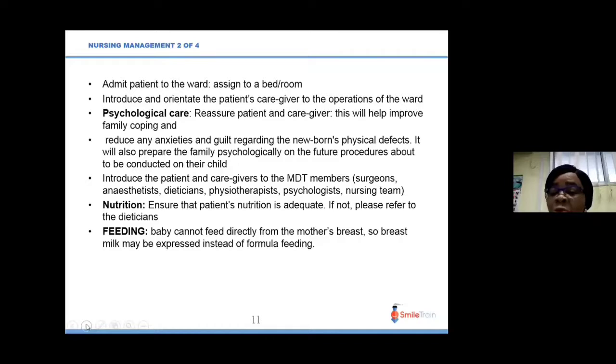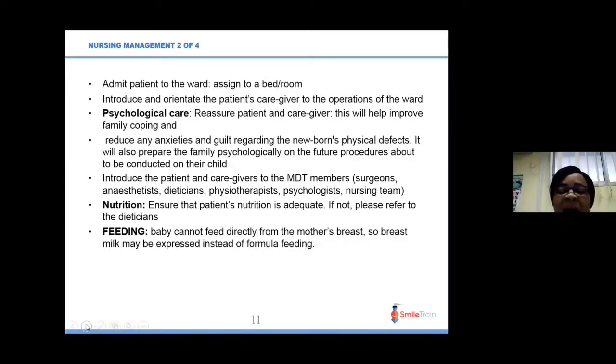And what you do will also prove to them that what you are saying is true. For you to do any procedure, you tell them why. Introduce it to them. They will accept it. There will be no resistance. So it brings coping. It makes everybody fall in line with the management and they obey you.